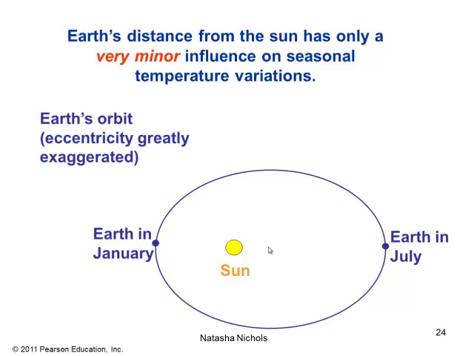The Earth in January is actually closer to the sun than it is in July. Therefore, the true cause of the seasons is just the tilt of the axis of rotation of the Earth, that 23.5 degrees.